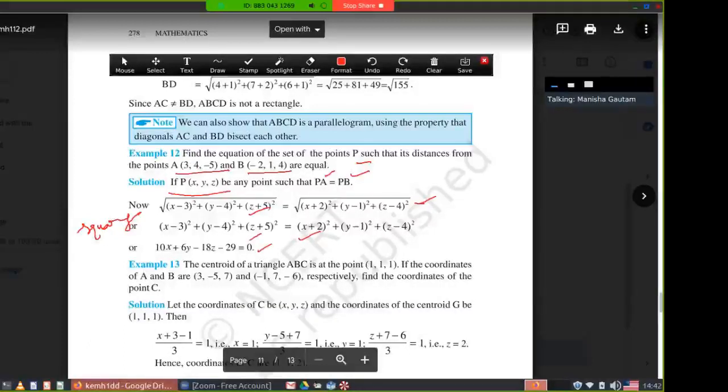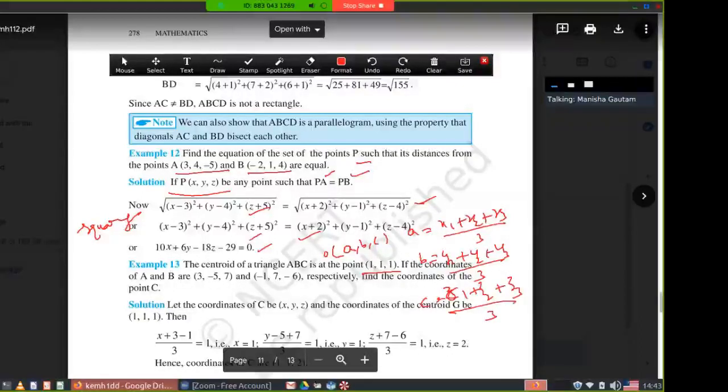Now, example number 13: the centroid of a triangle ABC is at the given point. We have discussed earlier the formula to calculate the centroid. Suppose the centroid coordinates are A, B, C. A is x1 plus x2 plus x3 divided by 3. B is y1 plus y2 plus y3 by 3. And C has coordinate z1 plus z2 plus z3 by 3. Here the centroid is given as 1, 1, 1, and the first two points' coordinates are given to you.